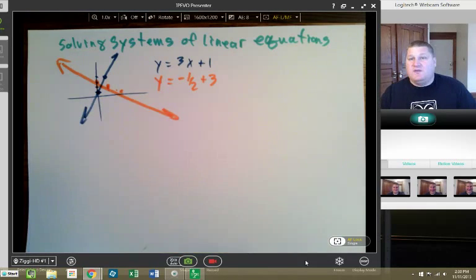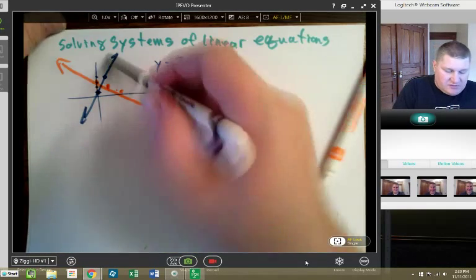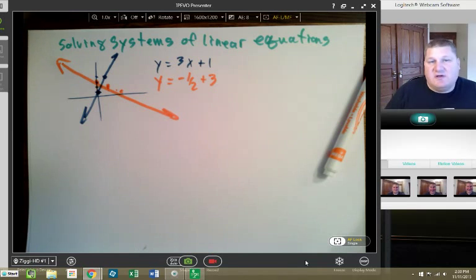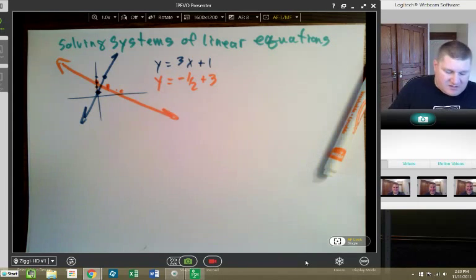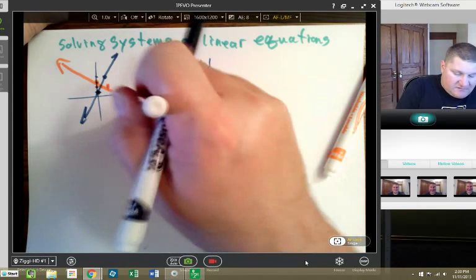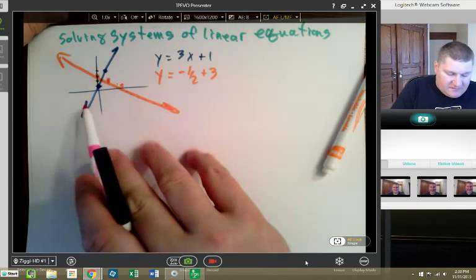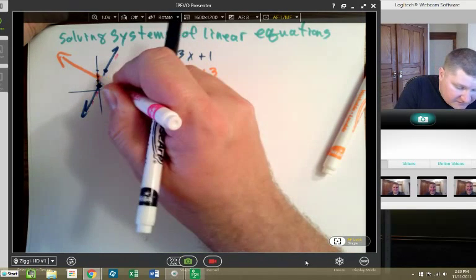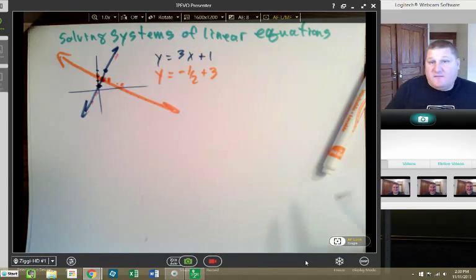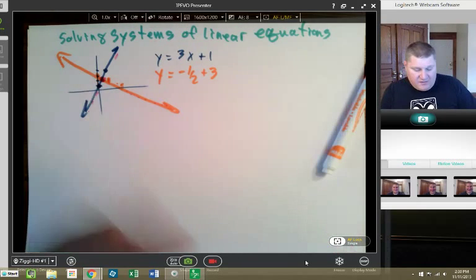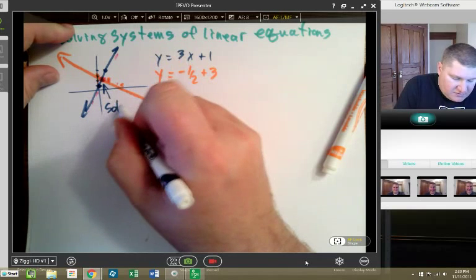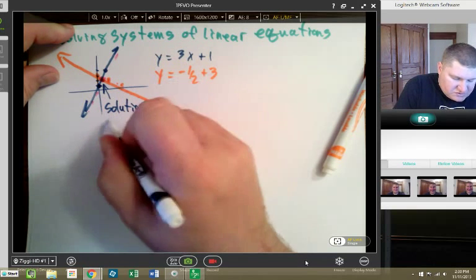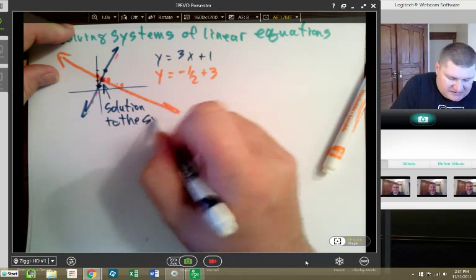And there we go. So now what I have is two linear equations, and those two linear equations can form a system. Everything involved in this line is confined to this line. Everything in this line is confined to this line, except right there in the middle, where they cross. That would be a solution to the system.